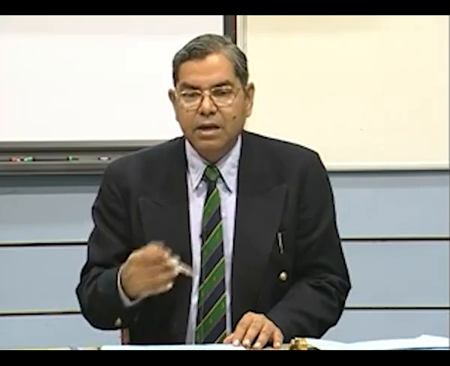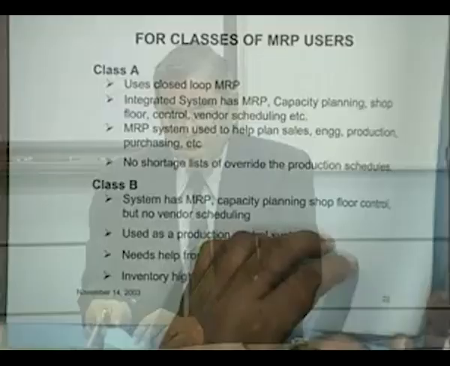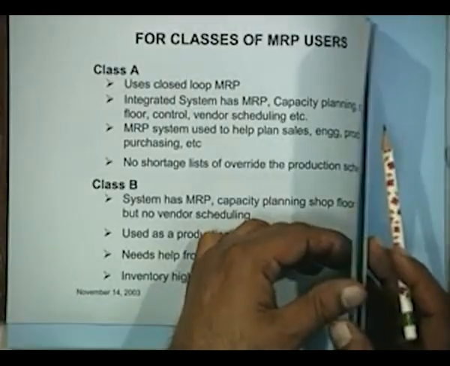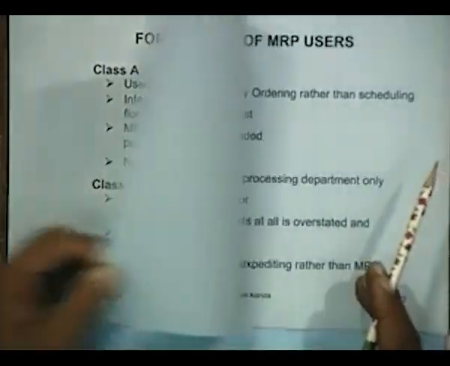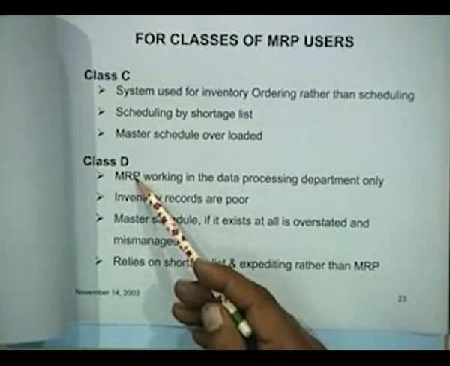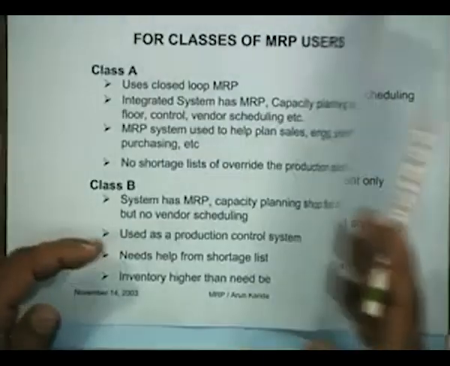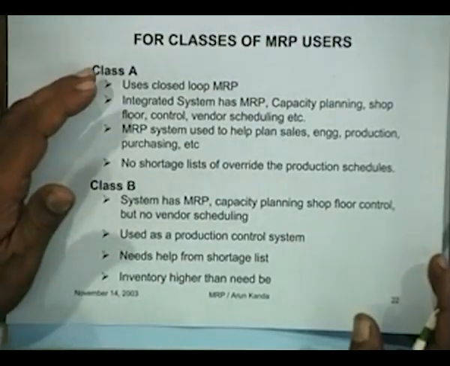There are typically 4 classes of MRP users. These are like users who become mature in the use of MRP. So the 4 classes are A, B, C and D. Actually you start with class D, then graduate to C, then come to B and then come to A, right?